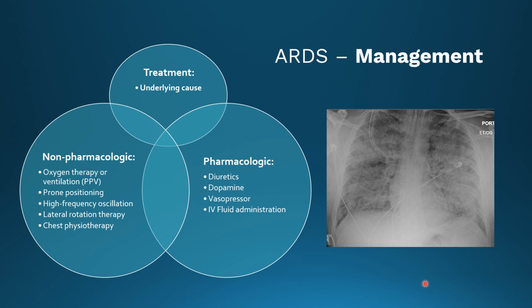How do we manage someone with acute respiratory distress syndrome? We just need to treat the underlying cause. Other than that, we can provide, again, non-pharmacological and pharmacological therapies. So non-pharmacological, we can provide oxygen or PPV, position the patient in the prone position, which allows for more airway expansion. We can provide high frequency oscillation, which is chest physiotherapy, essentially.